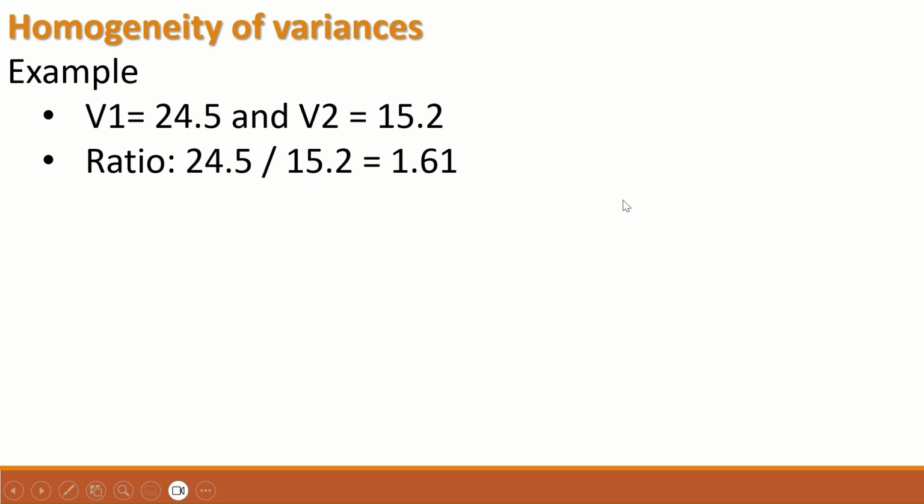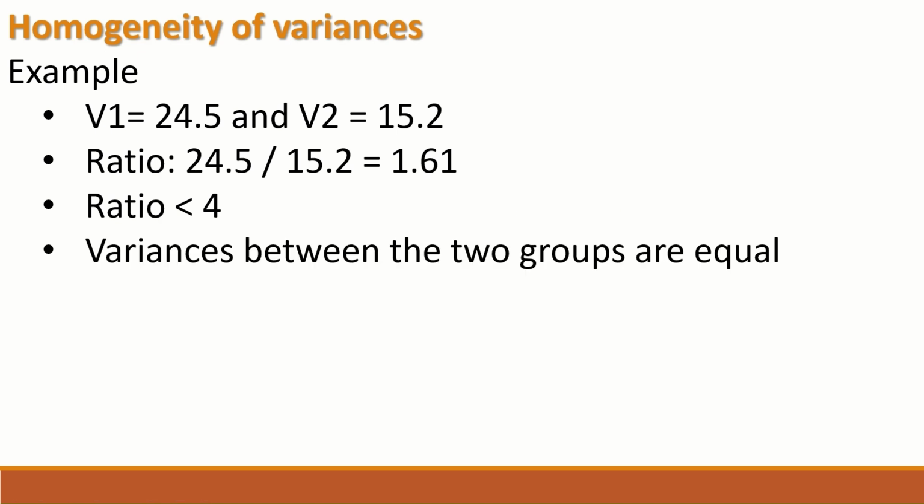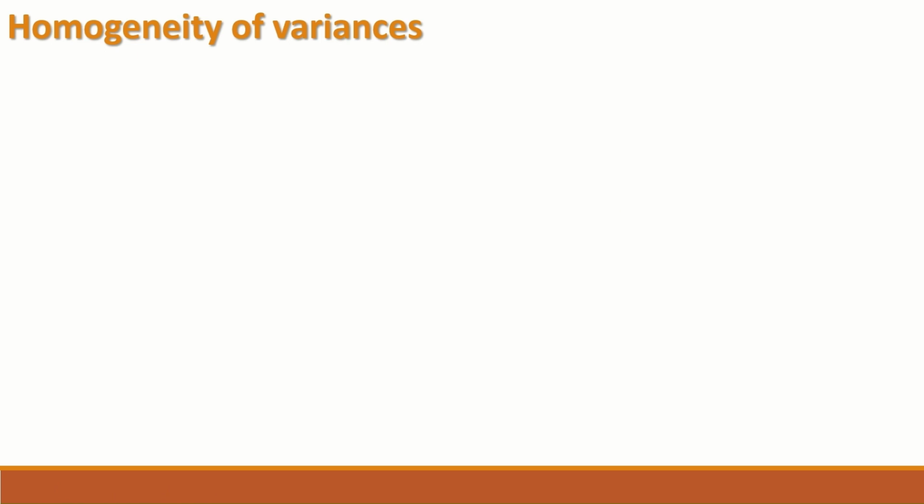So if we divide variance 1 by variance 2, a ratio of 1.6 is generated. So it is less than 4. Then this suggests that the variances between the two groups are approximately equal. This is one way of using the rule of thumb to determine whether there is homogeneity of the variances.